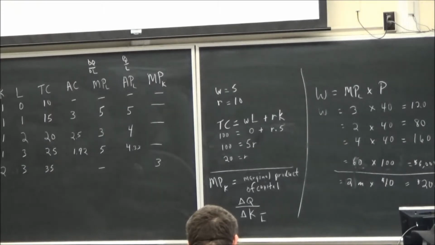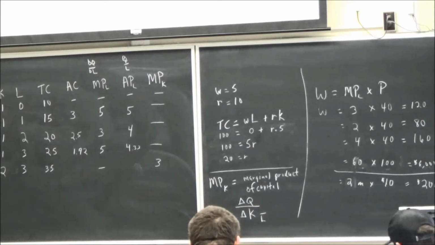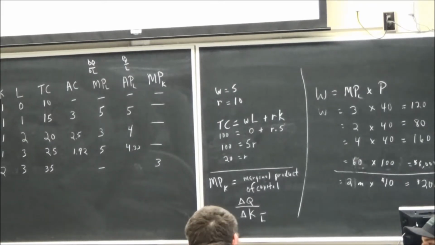So look on your sample questions, and you should have this number will be 60, and this is 6. So if this is 60 for your total cost and you're buying 6 units of capital, that must mean that each unit of capital costs $10. Okay? Are we okay with that? Okay, so let's move forward.